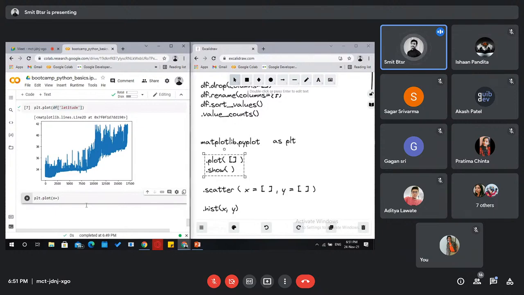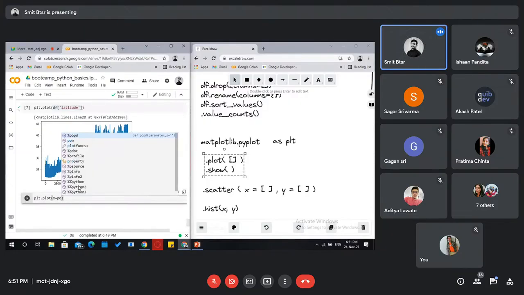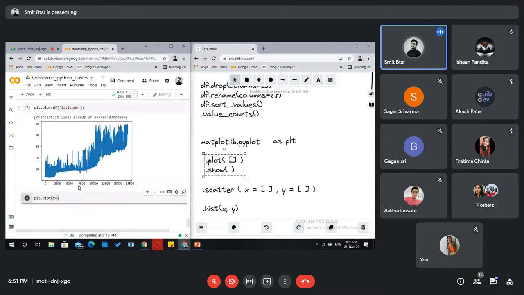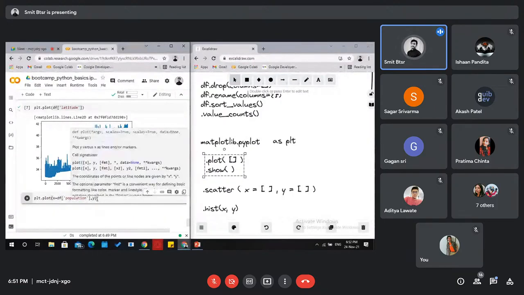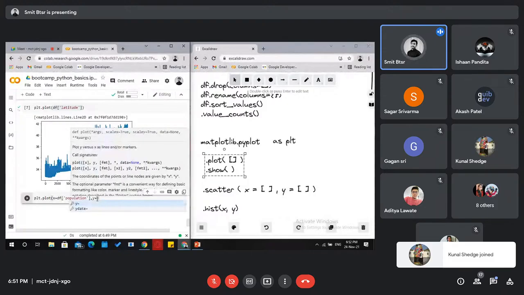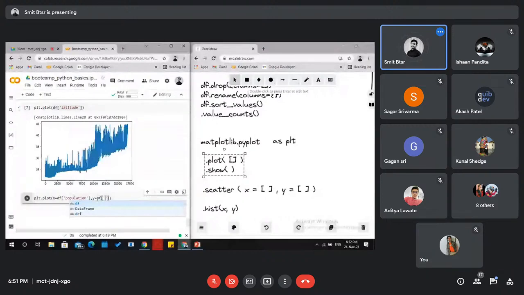Like I have mentioned here. Okay, but we will do it again. All right, x equals df population. We have to separate it by comma, and then y equals df total rooms, right?